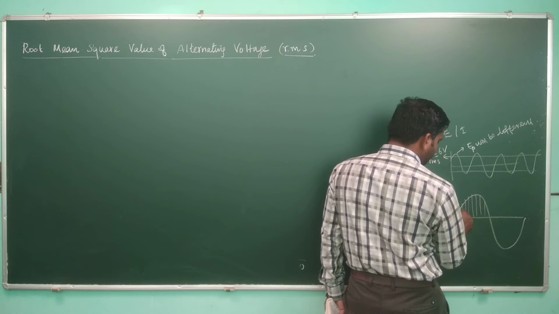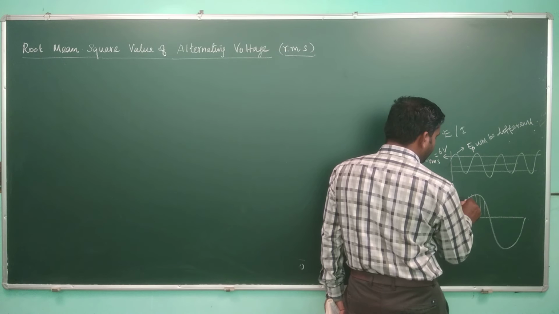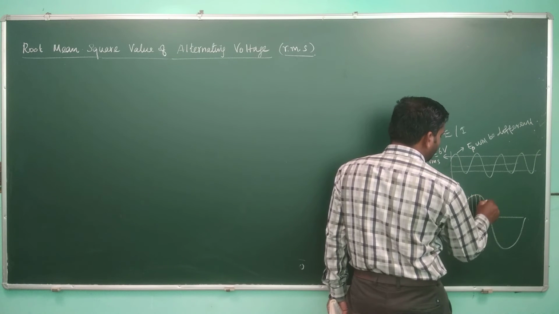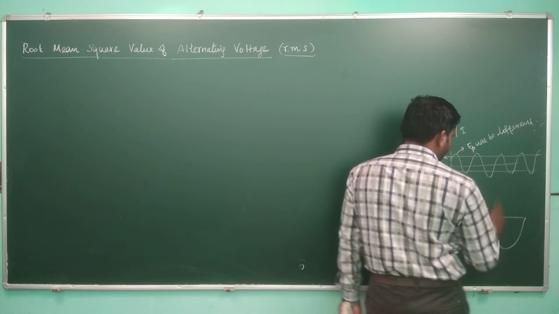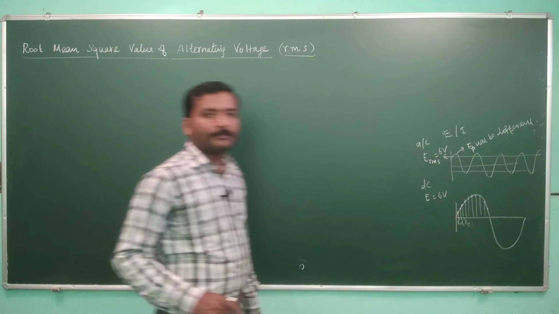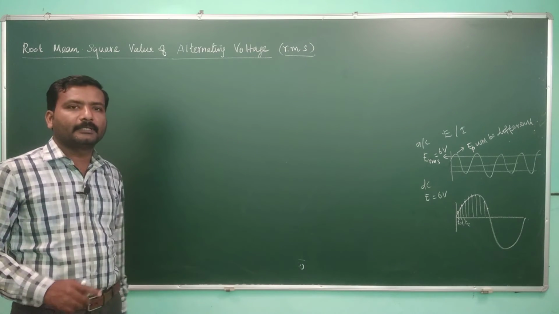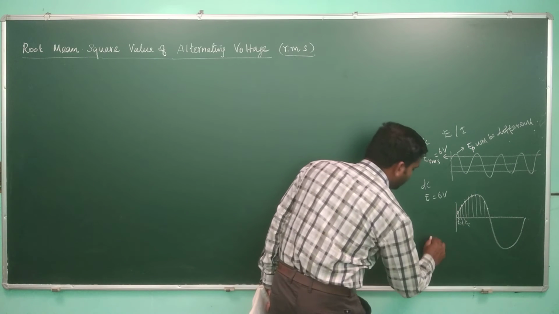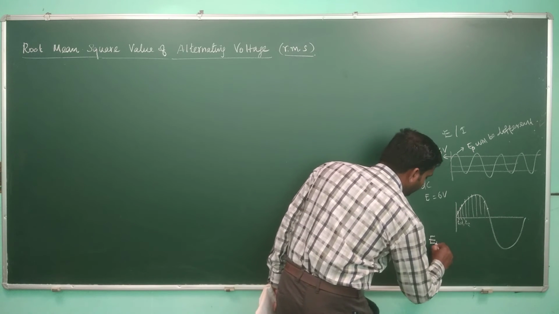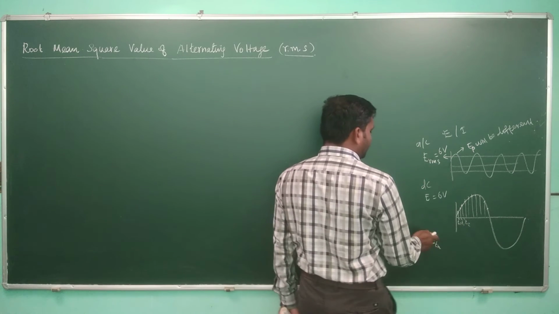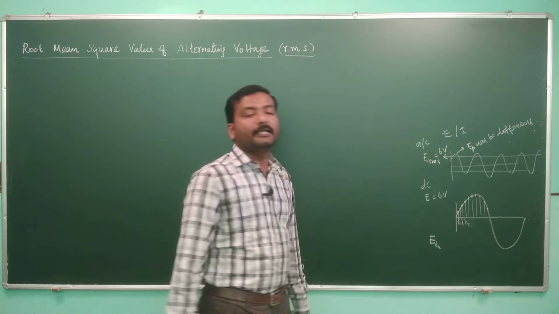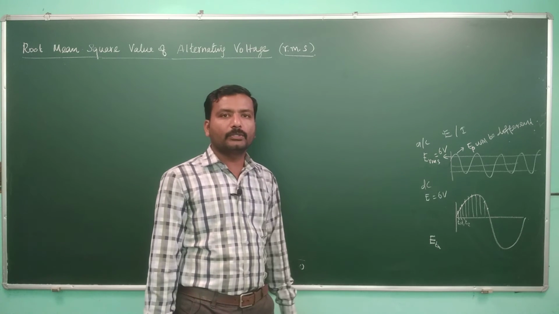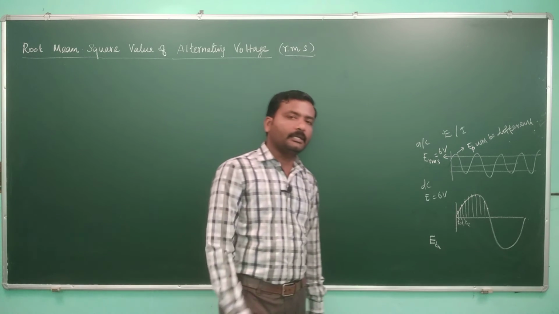You have to take the instantaneous EMF for all moments of this one complete cycle, E at t equal to 0, E at t equal to 1, E at t equal to 2, E at t equal to 3, and so on.